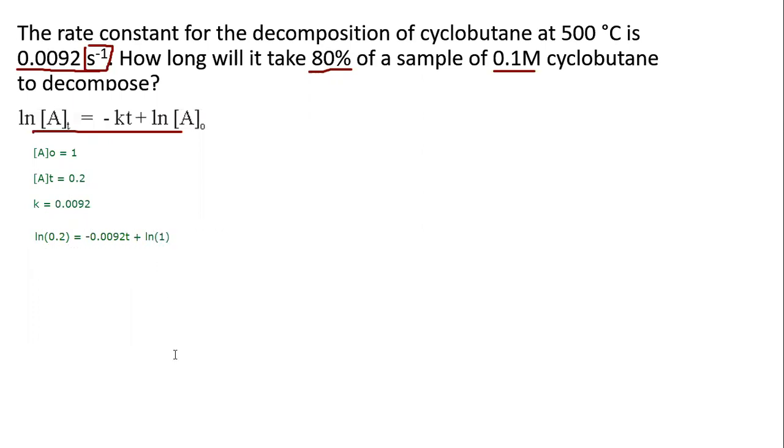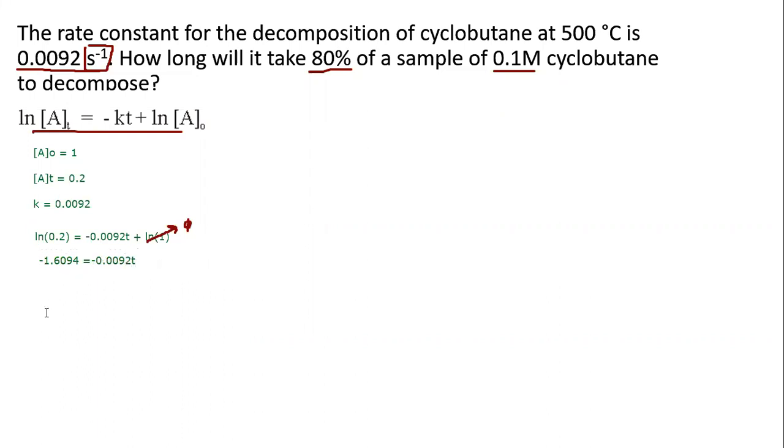Again, the ln of 1 is 0, so we can just drop that off, and we get negative 1.6094 equals negative 0.0092t.